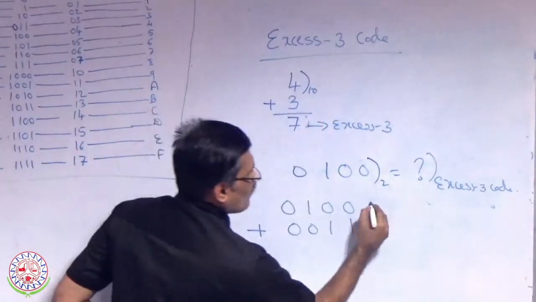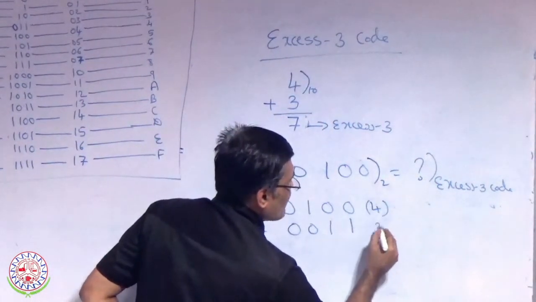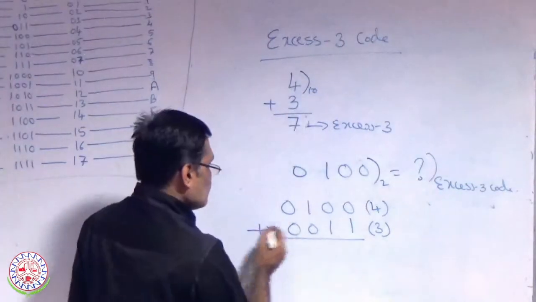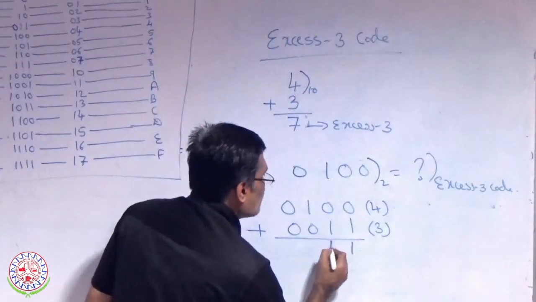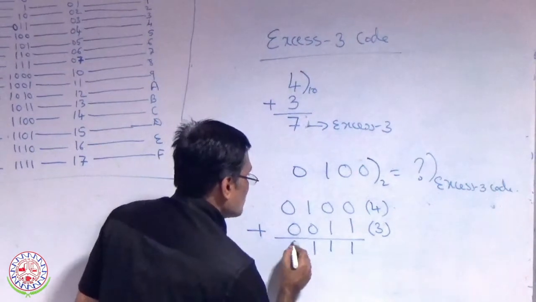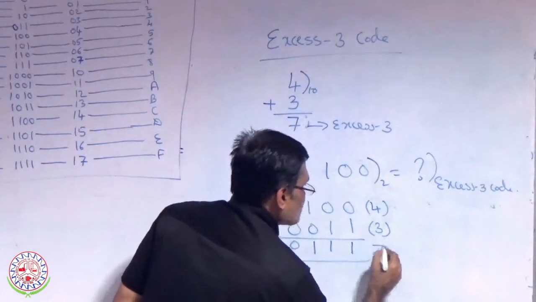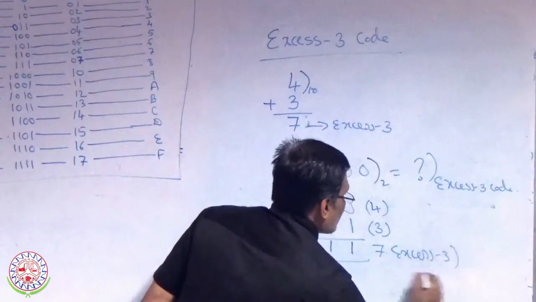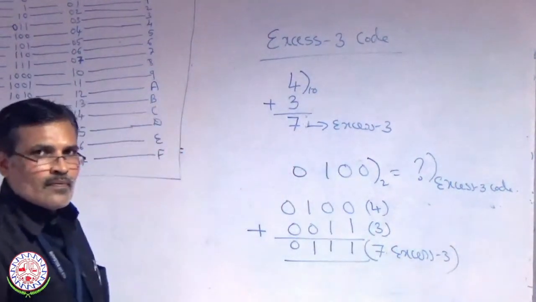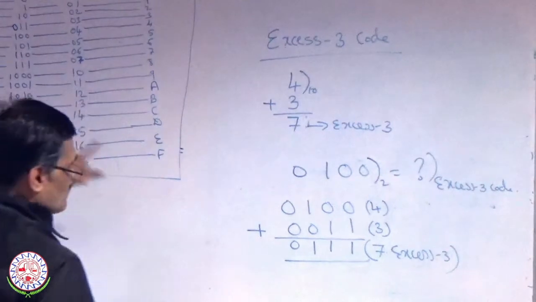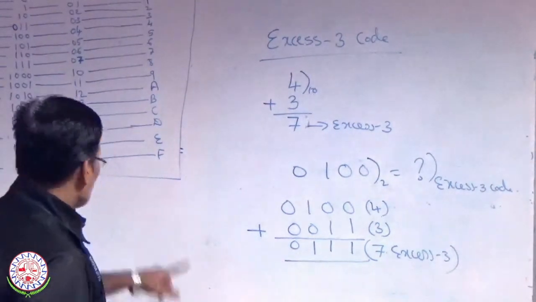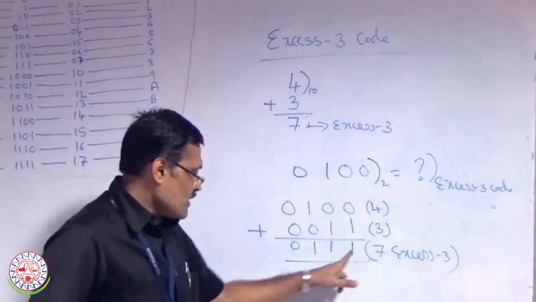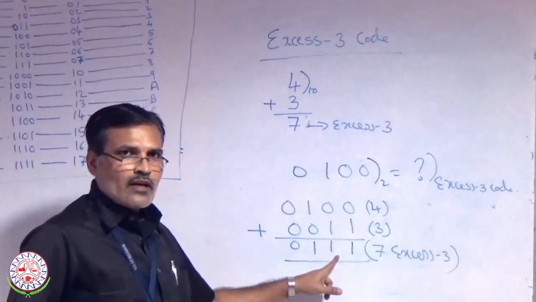So this is our 4 and this is the 3 that is being added. Now just add it: 1110, which is nothing but 7. So this is the XS3 code. In decimal it is 4, but in XS3 format it is 7.